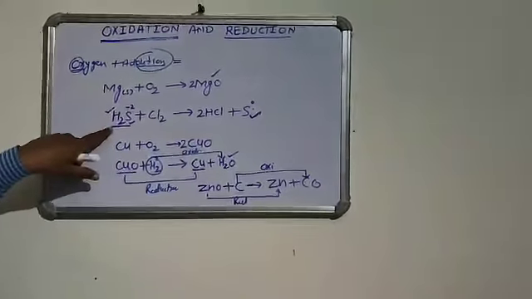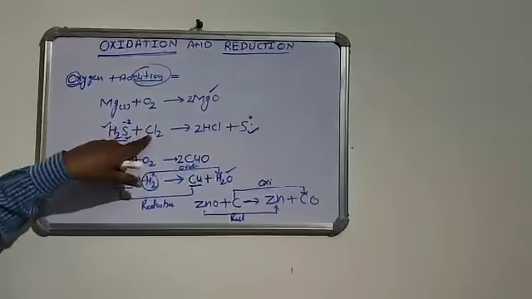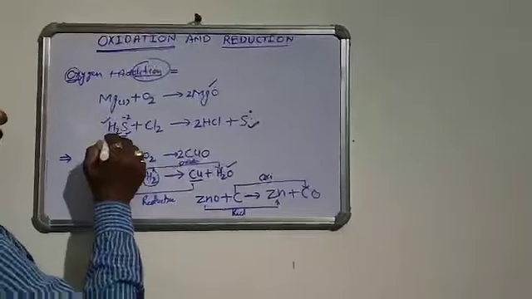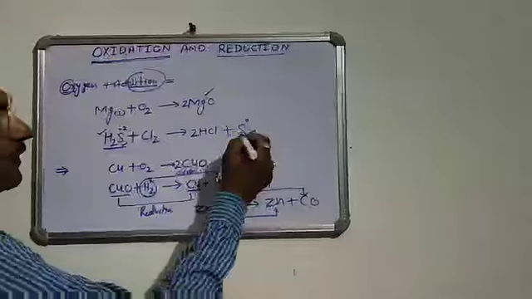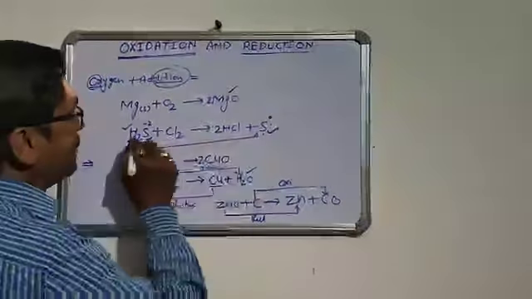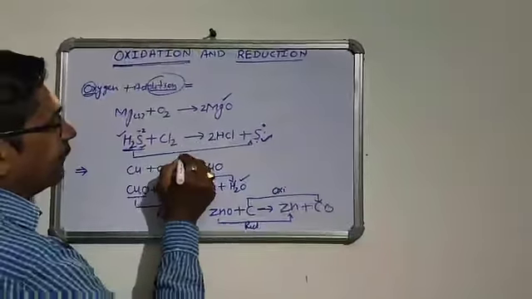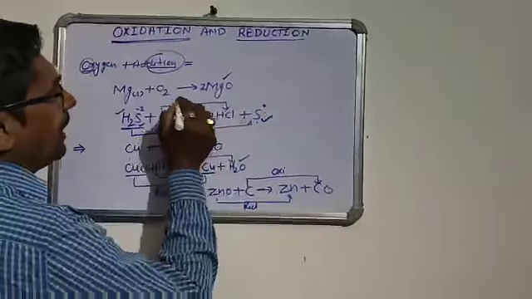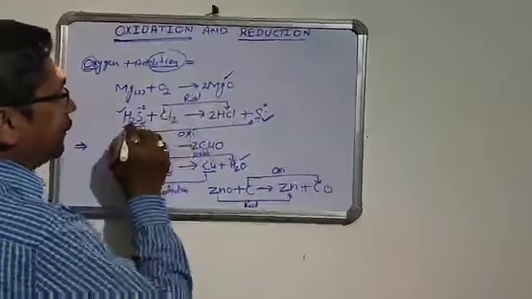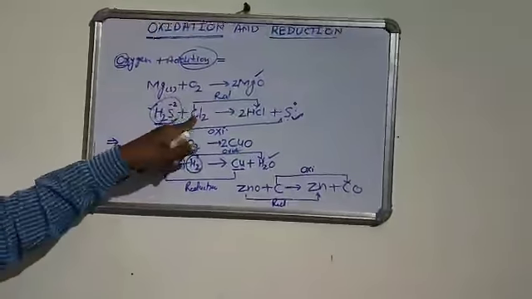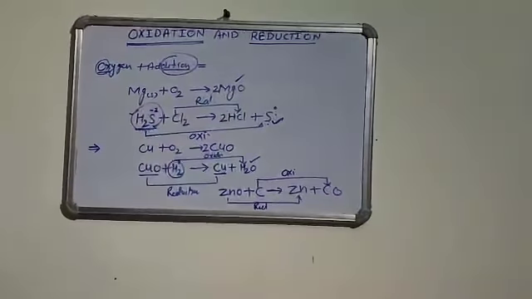In this example, H2S reacts with chlorine and is converted into HCl and sulfur. So H2S is oxidized to sulfur. This is called oxidation. And chlorine reduced to HCl is called reduction. So H2S is the reducing agent and chlorine is the oxidizing agent.